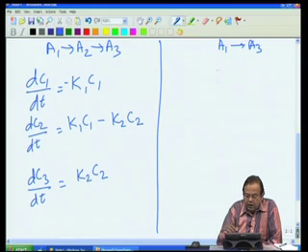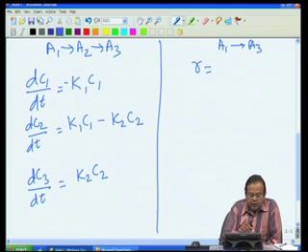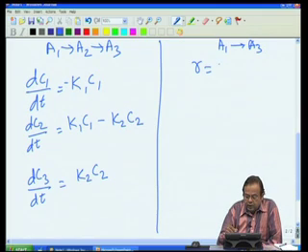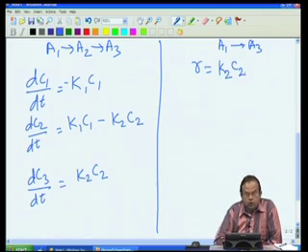So, if I look at my rate, what is my rate determining step? My rate determining step in this case is the first reaction, but if I want to look at the rate of this reaction, it is actually K2 into C2. Now, I do not know what this C2 is.